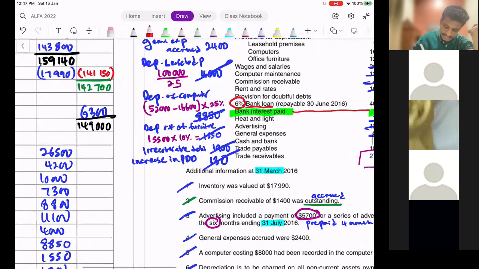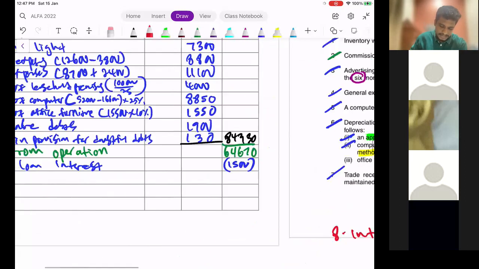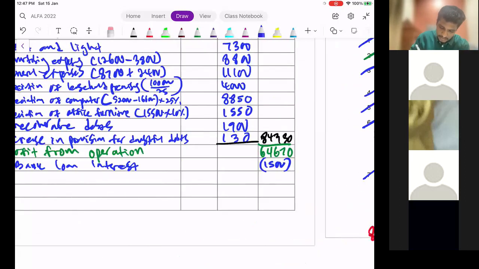Okay, so there's a loan interest accrued of 900. Can or not? Loan interest accrued is 900. So right here, loan interest: 1,500 that you paid, 900 accrued that you haven't paid. So total 2,400.